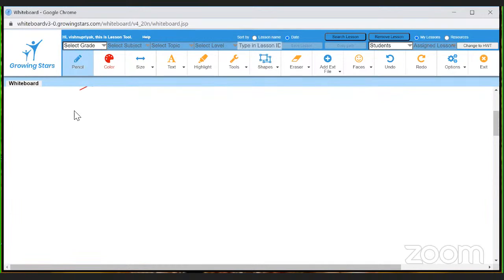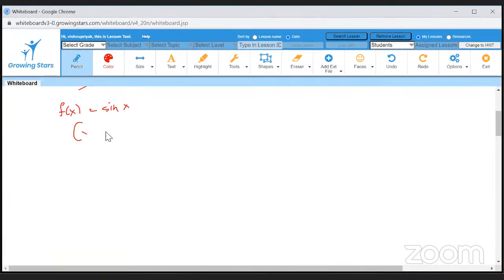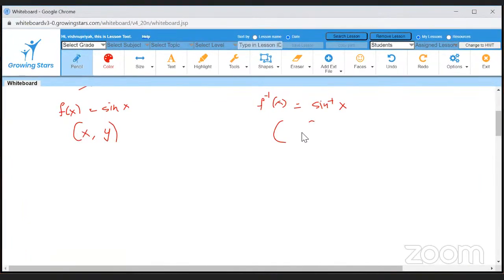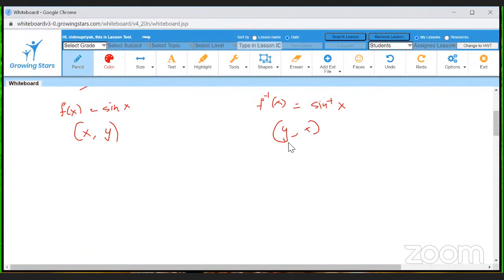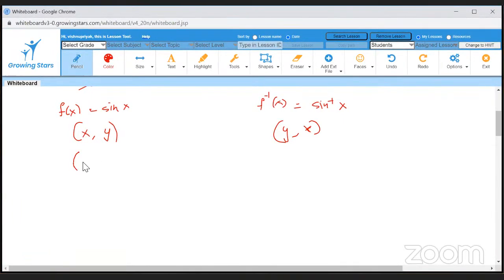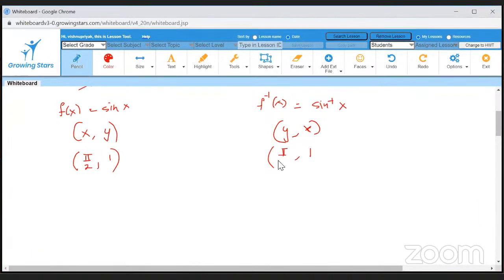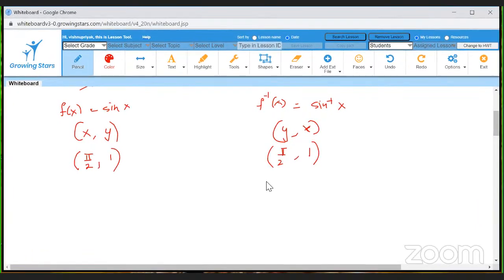So in the function, whatever is x and y, in the inverse function, x becomes y and y becomes x. For example, here x is pi by 2, y is 1. So what happens here? x is 1 and y is pi by 2.